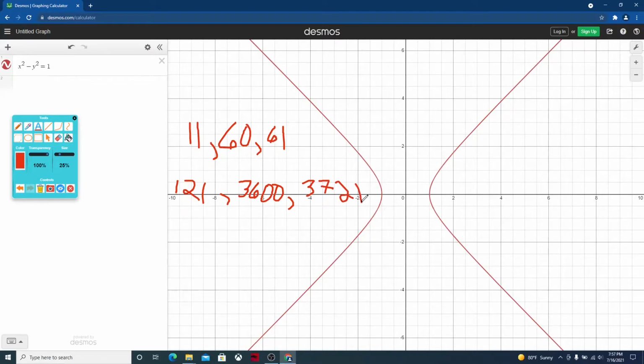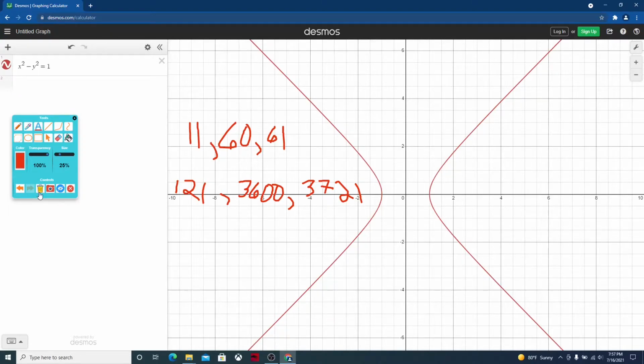Okay, but you get the point. Our Pythagorean triple again was 11, 60, 61, and if we square those, we get 121, 3,600, and 3,721.